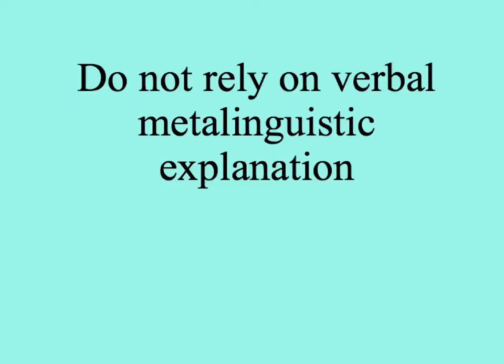Now, this is an example of metalinguistic explanation. You may use it, but don't rely on it. And even if you use it, use it as a summary, and don't use it as a presentation technique.